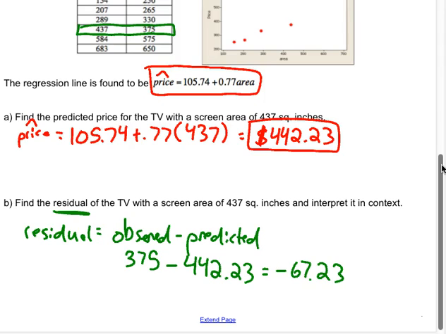Now, what does this mean though? Okay, what is it telling us? Well, what it's telling us is that the predicted value is much higher than the observed. Because if you think about how a residual is negative, the residual is negative if the predicted is more, right?